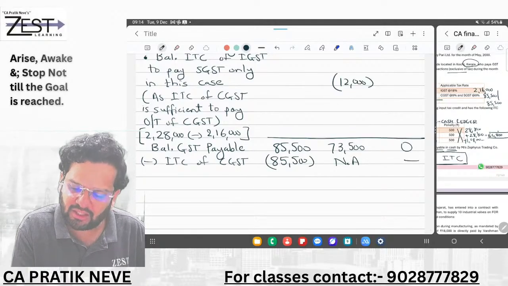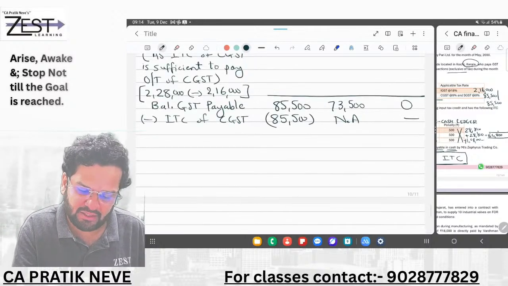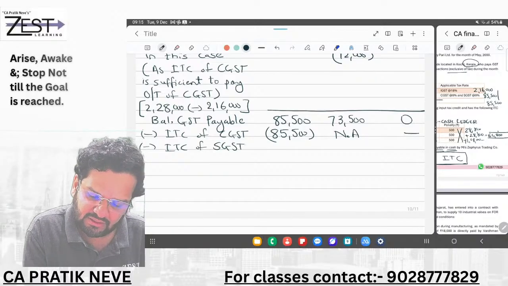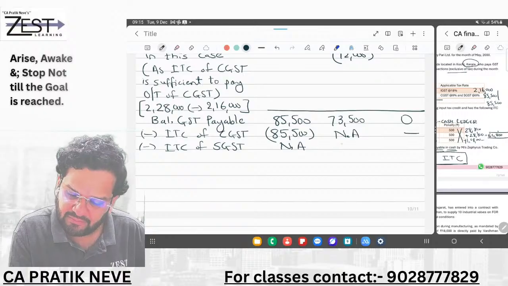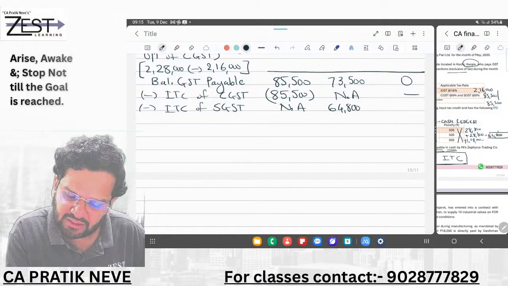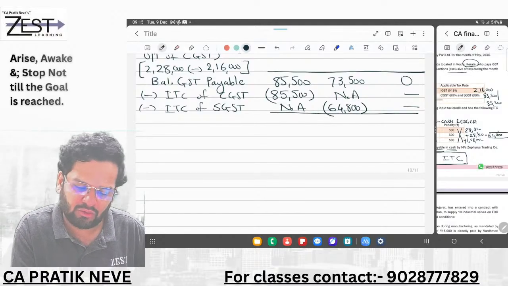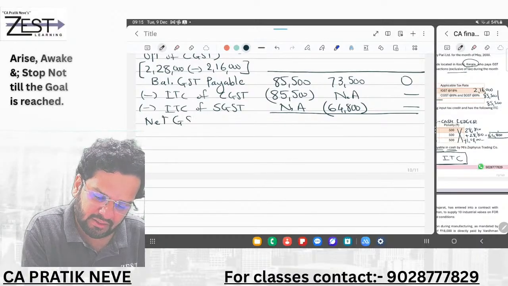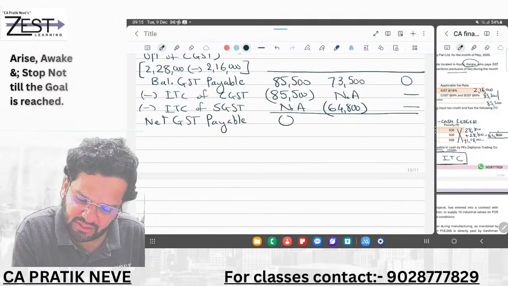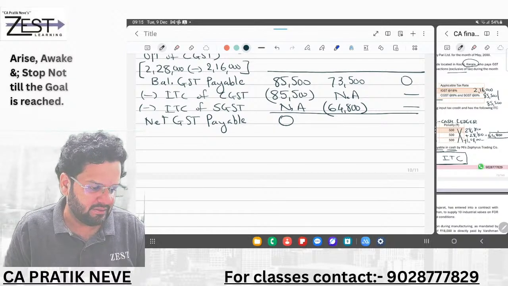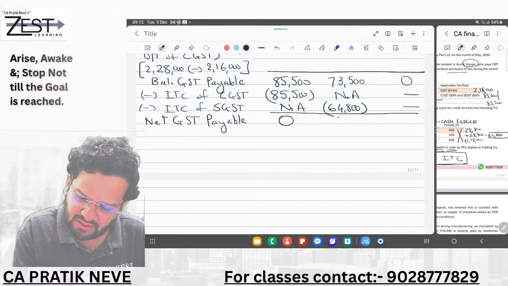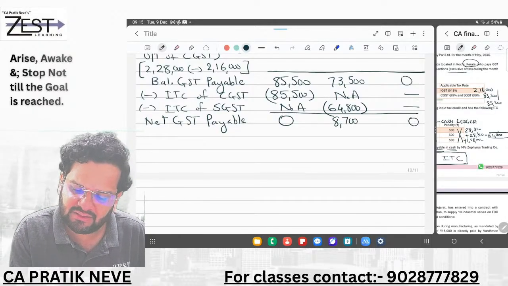Congratulations. Can't use against SGST, no need to use against IGST. Then less ITC of SGST. Here SGST's ITC is 64,800. You will use it completely. So now tell me, what is your net GST payable? Your net GST payable is 0, then 73,500 minus 64,800, that is 8,700, and 0.